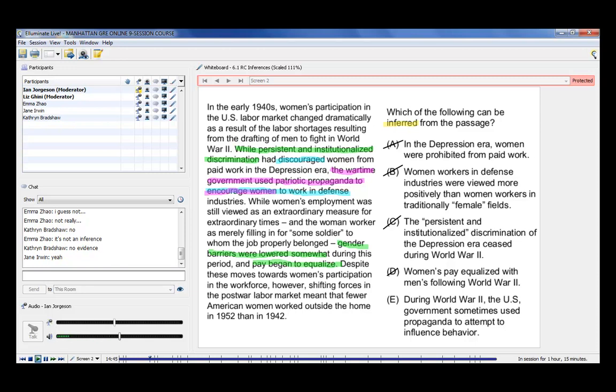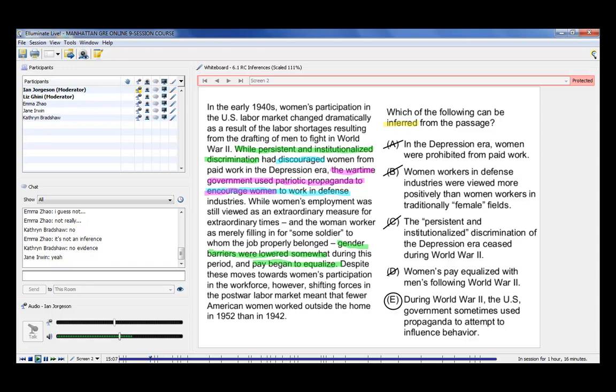That's the same thing as influencing behavior, encouraging, influencing. Patriotic propaganda. So we know they did it at least once. And if they did it at least once, then we can pick an answer that says they sometimes did it. As long as we got evidence that it happened at least once, we can say sometimes it occurred.